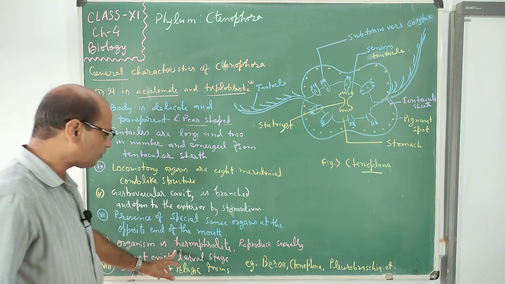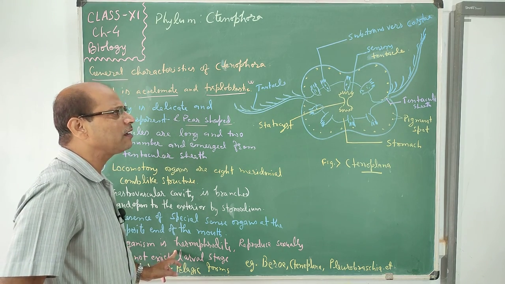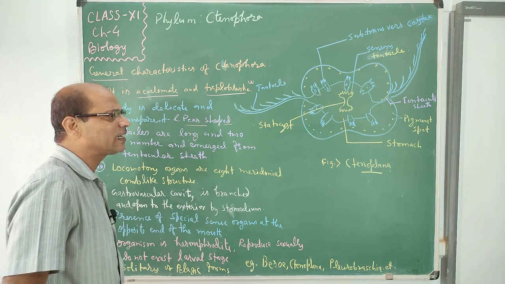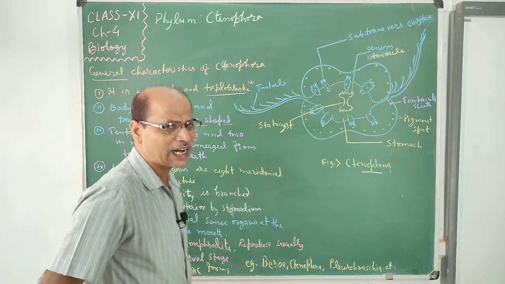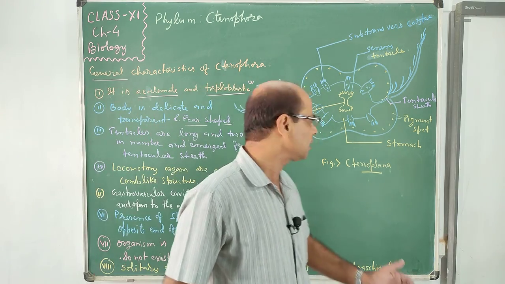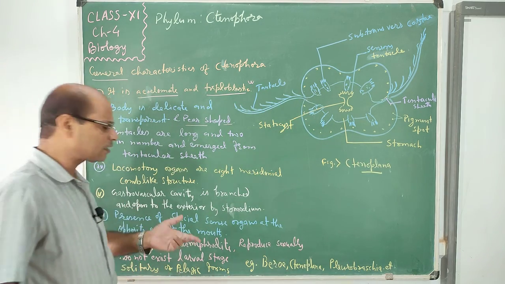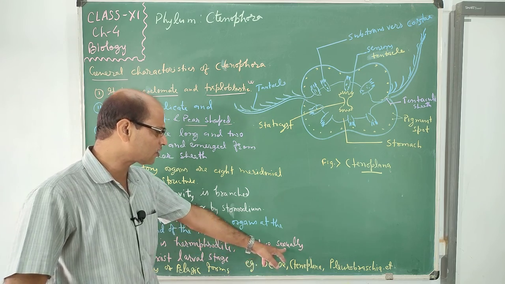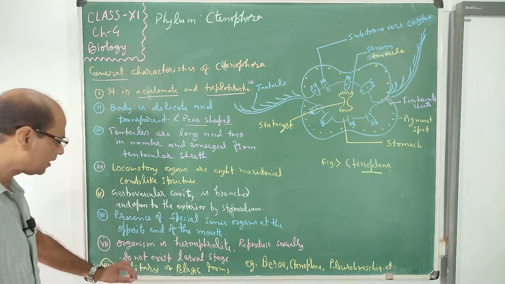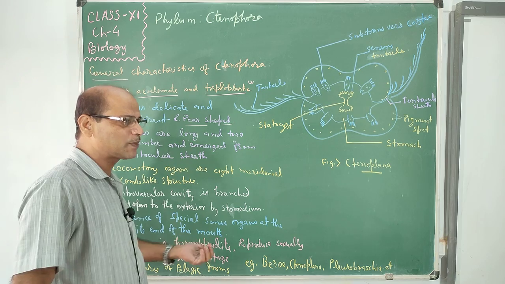The organism is hermaphrodite, meaning it has both sex organs together. Like in Annelida, the organisms are hermaphrodite in nature, and both sex organs are within the same individual. Sexual reproduction takes place here, and they have no larval stage. This is a special character also.